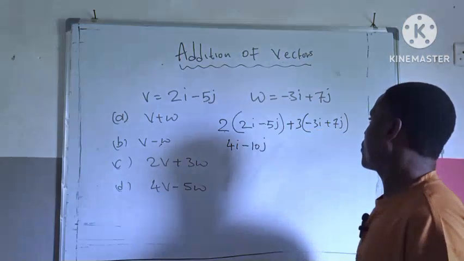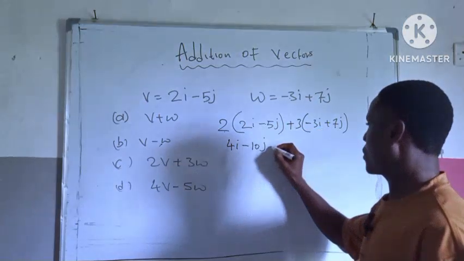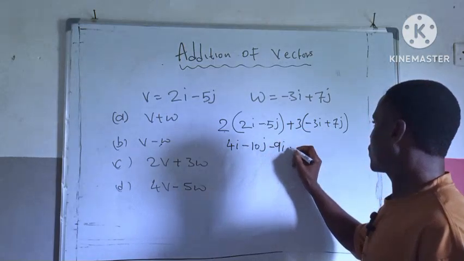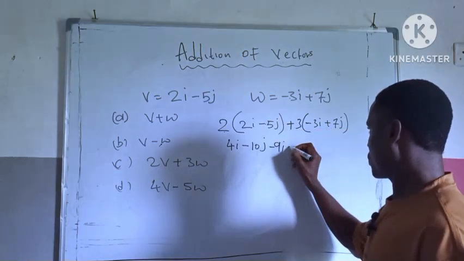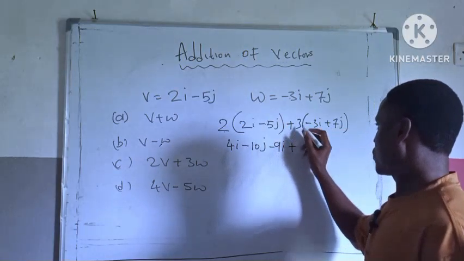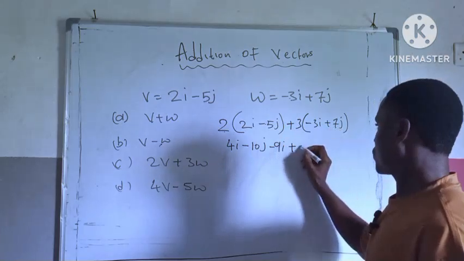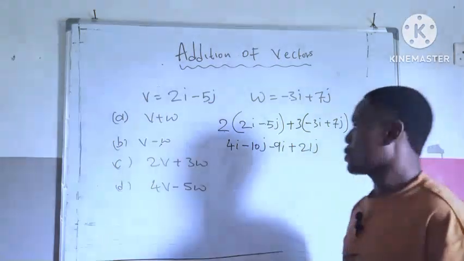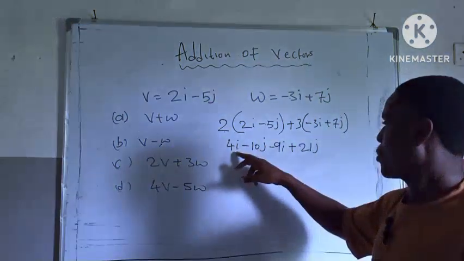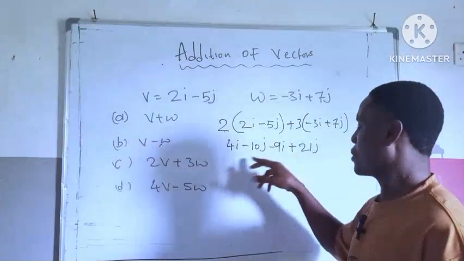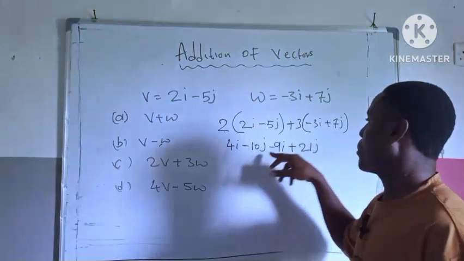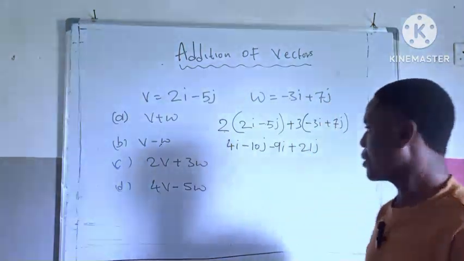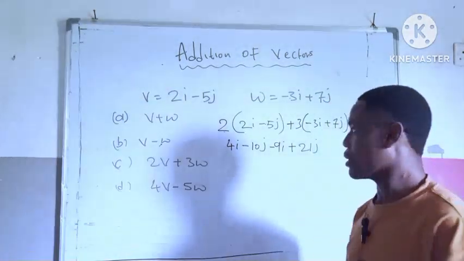3 times minus 3i will give us minus 9i. Then plus times plus is plus, right? Then 3 times 7 is 21. And we have j. So let's collect like terms. We have 4i minus 9i, right? So 4 minus 9 is minus 5.